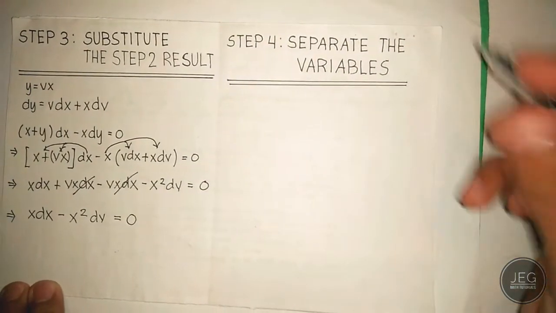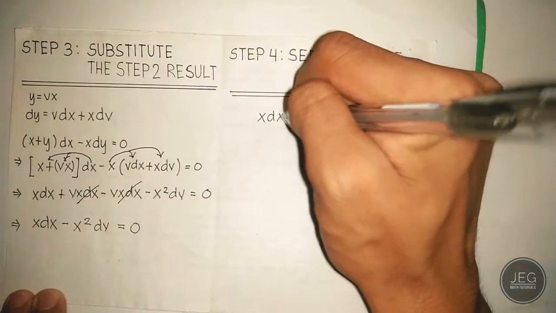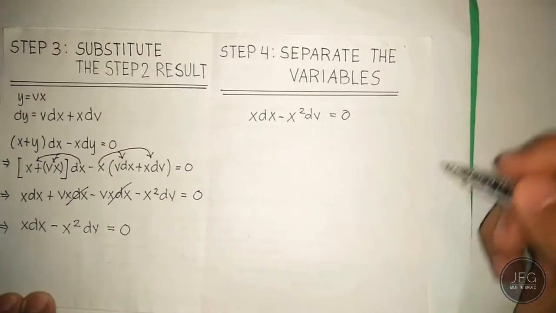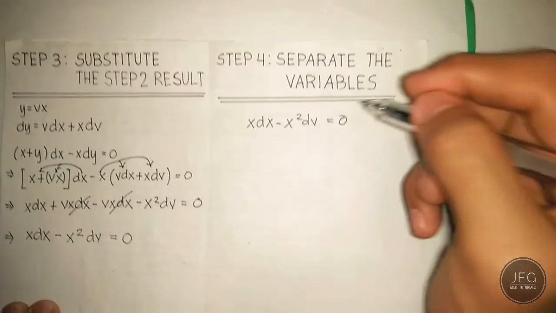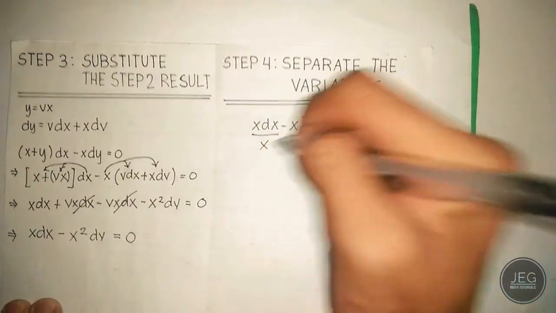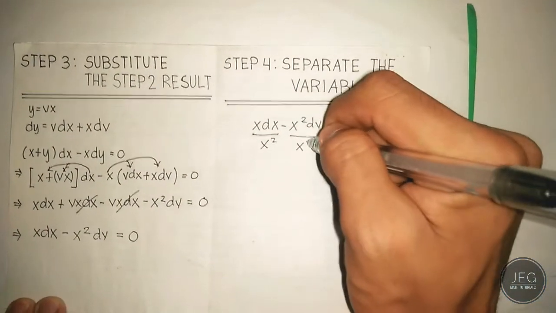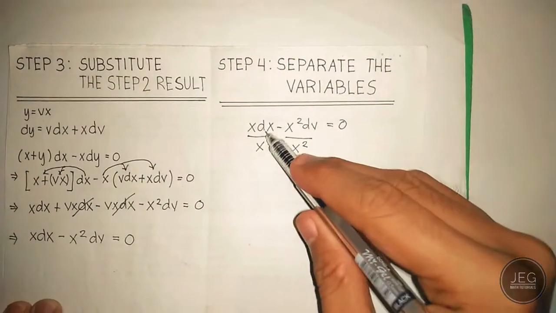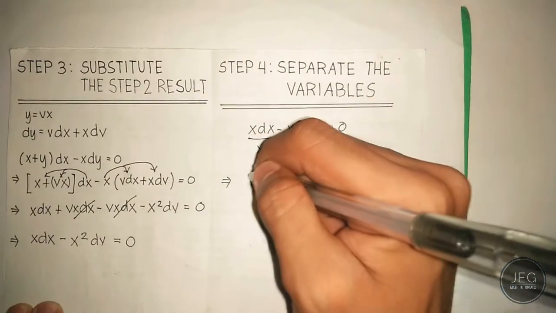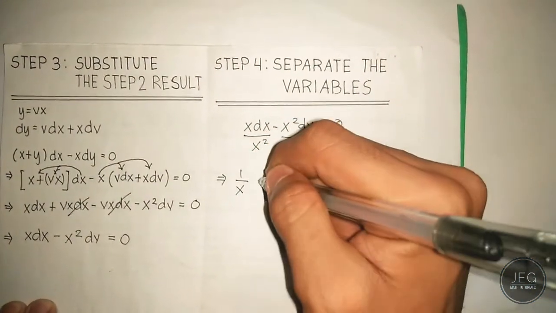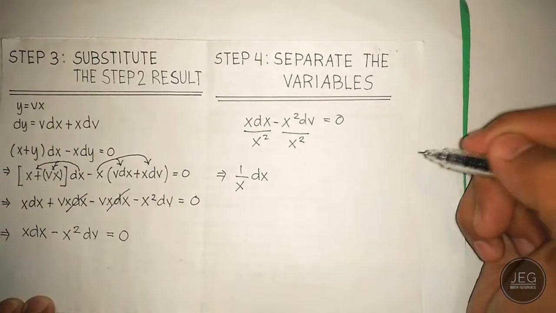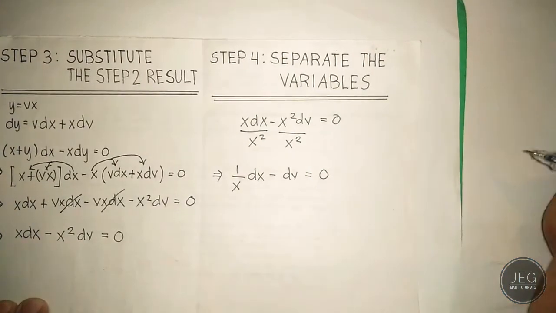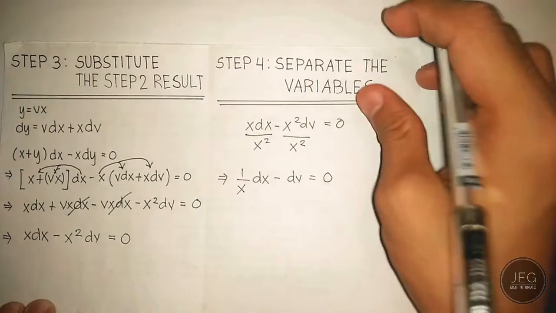Step 4 is separate the variables. At this point, we need to divide both sides by x squared to be separate with dv. x dx over x squared is 1 over x dx minus dv is equals to 0.